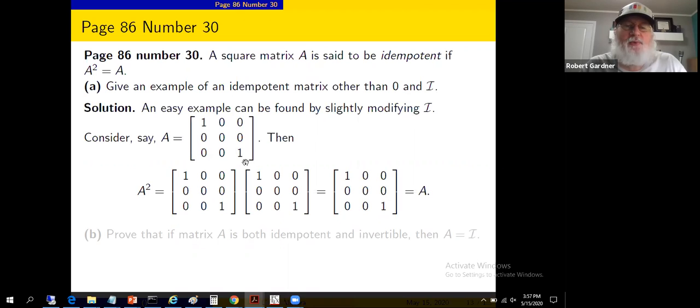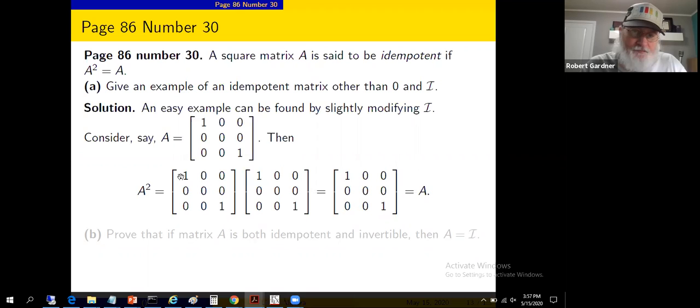Let's try this. Let's take a 3x3 identity matrix and change that 1 in the identity matrix to a 0 here. Let's check the multiplication. The first and third rows are still going to behave in an identity way. Second row, all zeros, that's just going to swamp everything out and produce nothing but zeros when we do the matrix product.